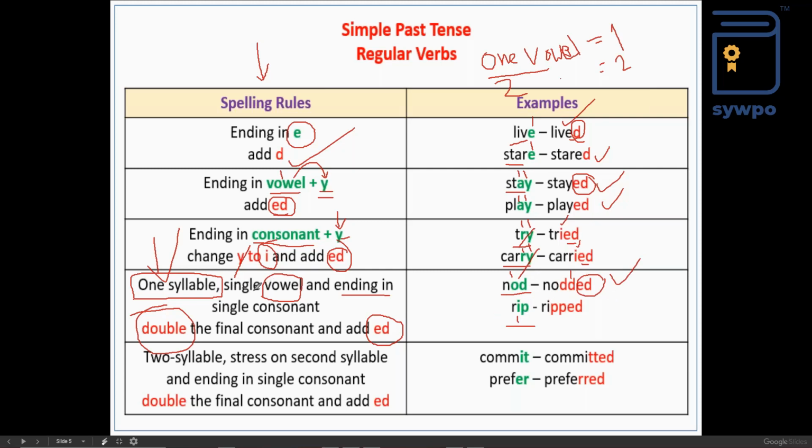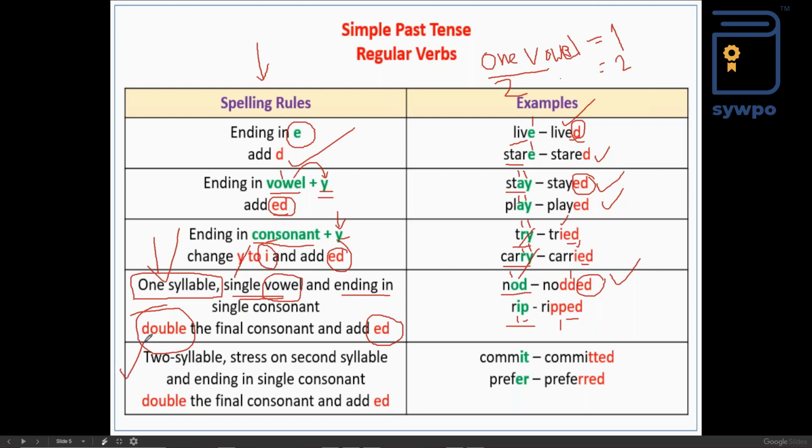And in one sound you have a single vowel. One vowel. Look, I and O. So what happens to the last letter? You write it again and then add ed. It becomes ripped. Rip, ripped. This is how you make the past form of one syllable words.